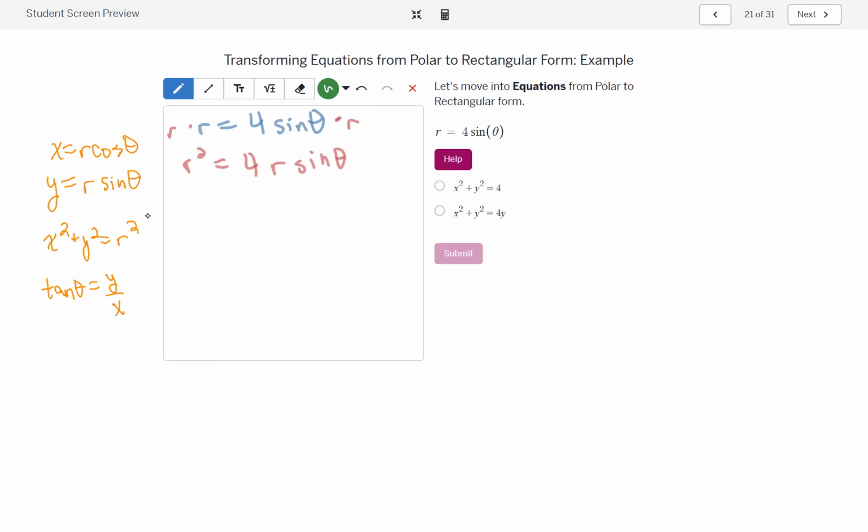And now I've got stuff that actually shows up in my formulas. So that r sine theta, that's y. And then I still have the 4. And now r squared, that's the same as x squared plus y squared.